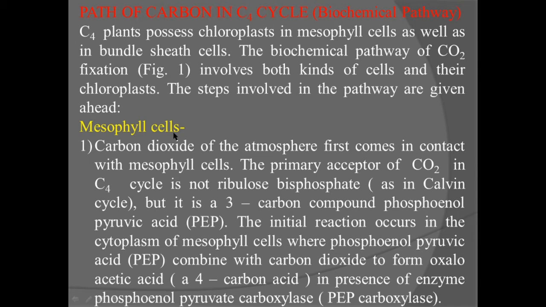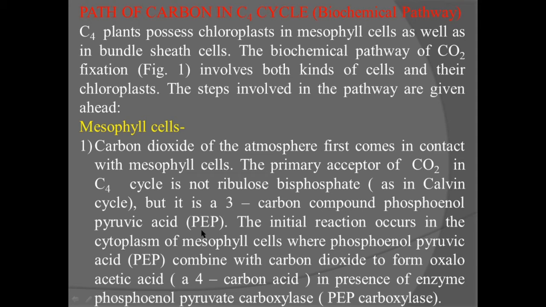Mesophyll cell. Carbon dioxide of the atmosphere first comes in contact with mesophyll cell through open stomata. The primary acceptor of carbon dioxide in C4 cycle is not ribulose bisphosphate, which is present in Calvin cycle, but it is a 3-carbon compound, phosphoenol pyruvic acid.